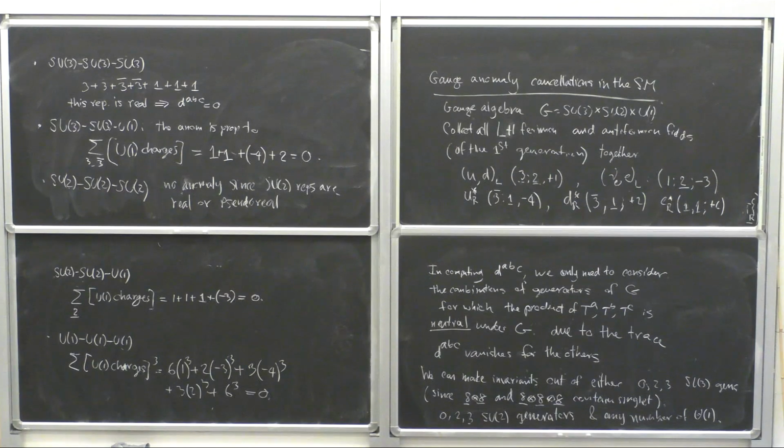And when you take a trace, there is always a generator that is left over, and since T is traceless, it vanishes. This is why we never consider non-abelian factors in a mixing way. If there are non-abelian factors, you have to consider them together. Am I clear?